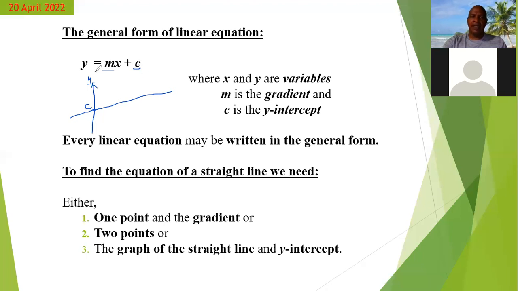Now, the next thing that we have to find is the gradient. All you need to do to find the gradient of a straight line is construct a right angle triangle to the line.